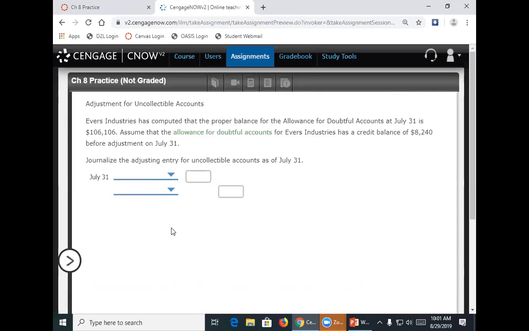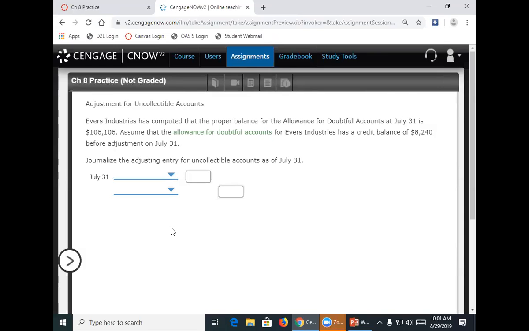So this one's kind of based on the last one, if you can tell. Evers Industry has computed that the proper balance as of July 31st is 106,106. Well, that's what we just analyzed and came up with. It says, assume that the allowance for doubtful accounts has a credit balance of 8,240.